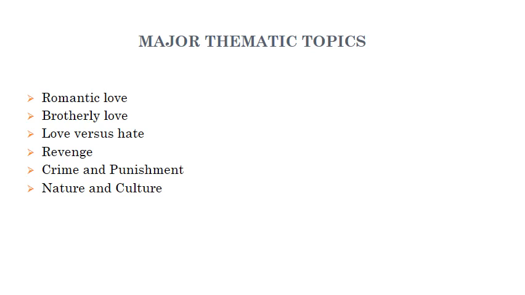These are the main themes: love versus hate, revenge. We could see in all the characters and the relationship between these characters how all these emotions are exhibited. We could find them in the novel.